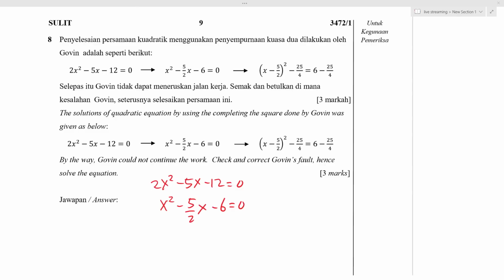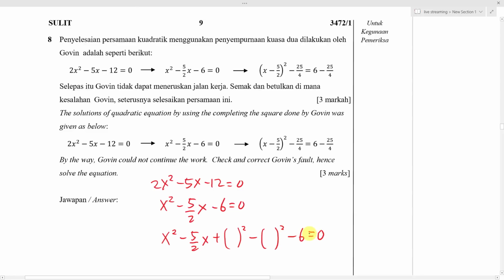Okay, let me continue. Then I want to do complete the square over here. So what I'm doing is I will do something like this. Basically I need to add something squared, minus something squared, minus 6 equals 0. Because over here you can see I can also move the 6 to the other side, then I move the negative 6 to the other side and get positive 6.